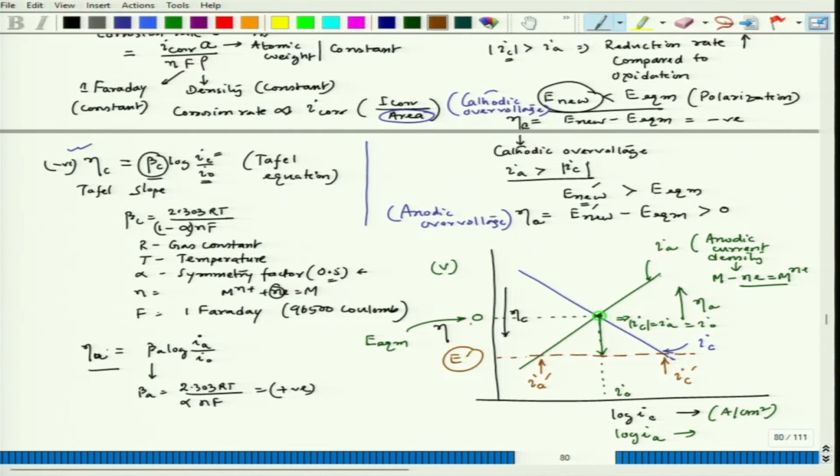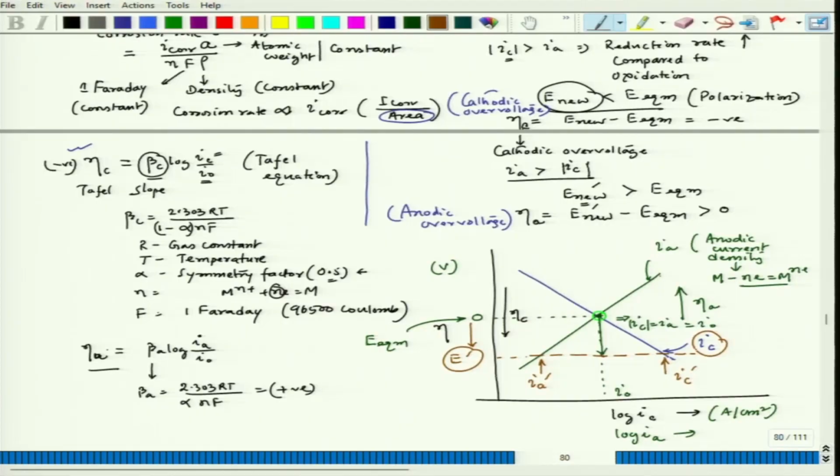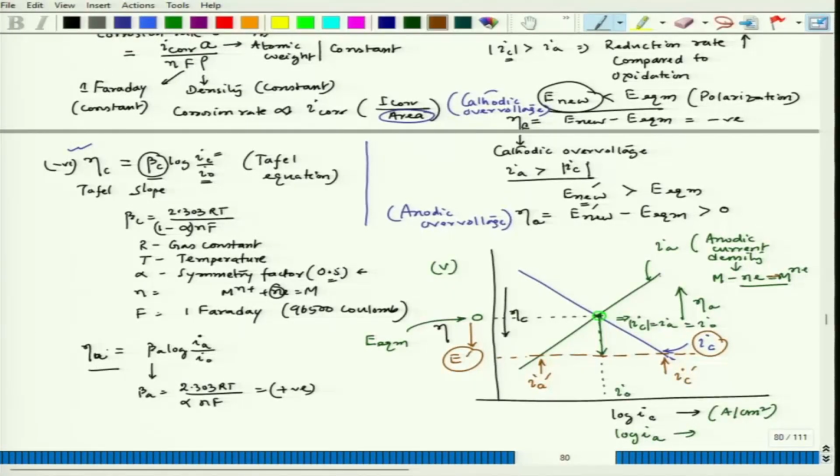It is below E equilibrium. So, that means we have gone to a lower potential compared to E equilibrium. So, that means we are actually incorporating cathodic polarization. So, once we have cathodic polarization, we are actually increasing IC. So, that means we are sending more electron to the metal. Okay. So, more electron means this reaction, if it is equilibrium. So, the more electron means if I try to look at this way.